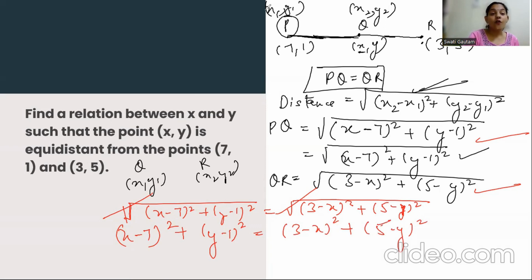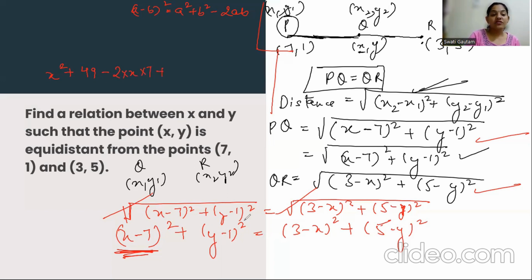Now I will open the identities, so please focus on how I'm doing the question. I have to open the values. How will I open it? This is (a minus b) whole square, and the identity of (a minus b) whole square is a square plus b square minus 2ab. Now what is a here? x. So it is x square plus 49, 7 square is 49, minus 2 multiplied by x multiplied by 7.